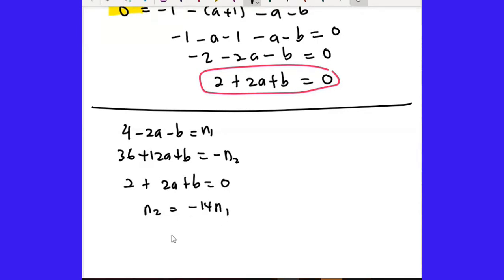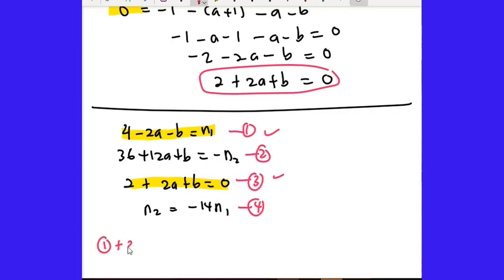Okay. So now what do we want to find? N1, N2, A, B. Wait, how to do it? Any idea? We use between these. Let's try. Name these equation 1, 2, 3, 4. We try between 1 and 3. 1 plus 3.